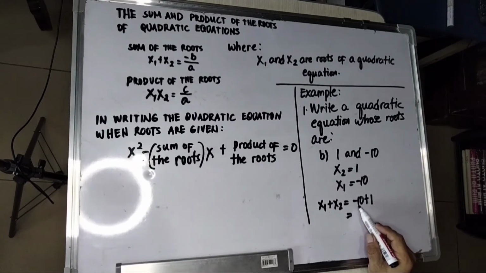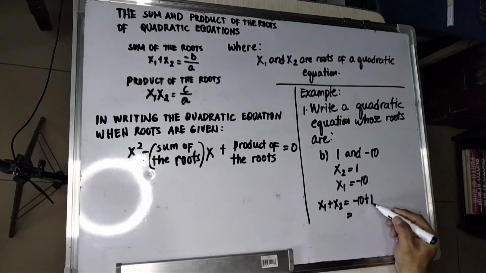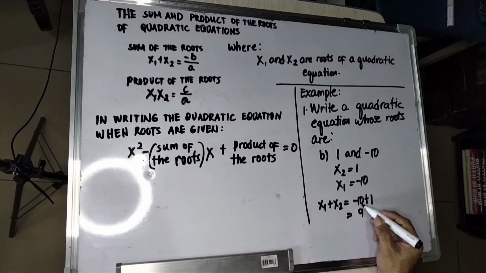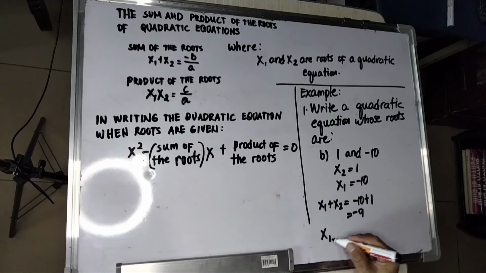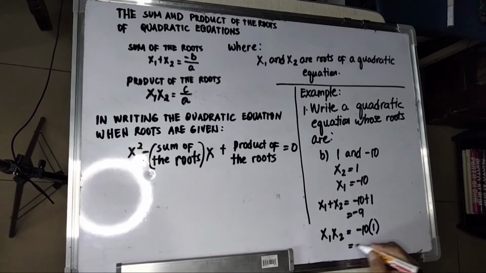So the numbers here have different signs. So subtract the numbers. 10 minus 1 is 9, and copy the sign of the greater number. Since 10 is greater than 1, copy the sign of 10, which is negative. The product of the roots, x sub 1 times x sub 2 equals x sub 1 is negative 10, x sub 2 is 1, then negative 10 times 1 is negative 10.